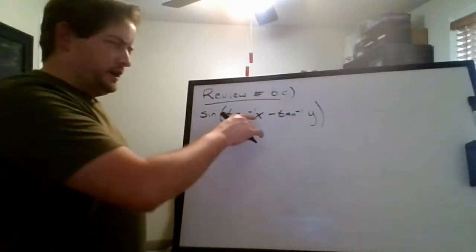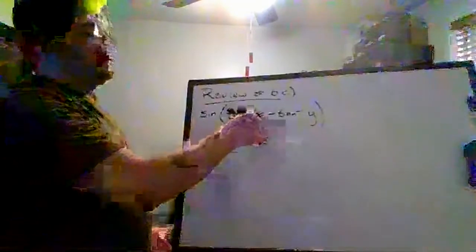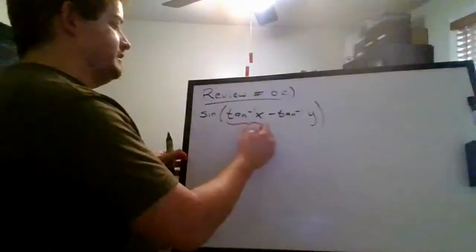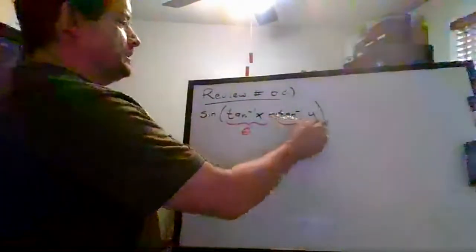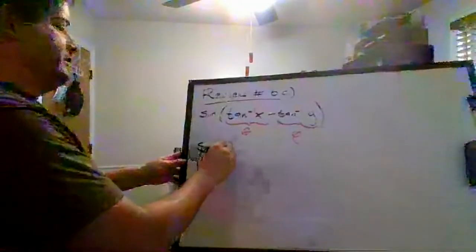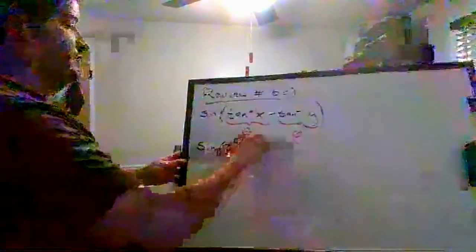So I have two angles here, right? Or I have two values. I'm going to have two angles because tan inverse of x is going to give me one angle. I'll call that theta. And tan inverse of y is going to give me a second angle. I'm going to call that phi.